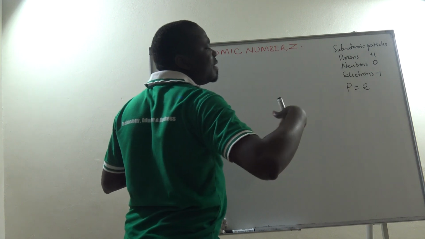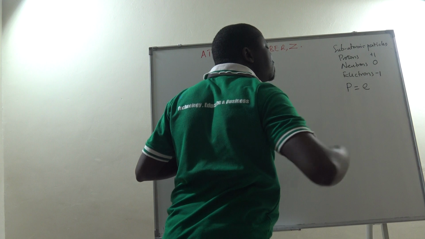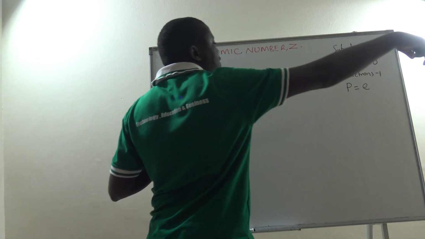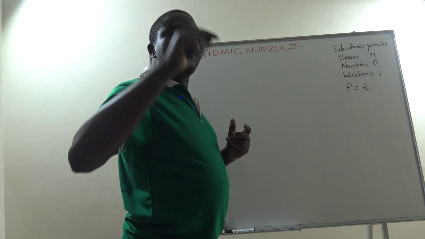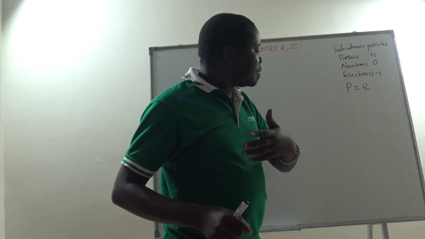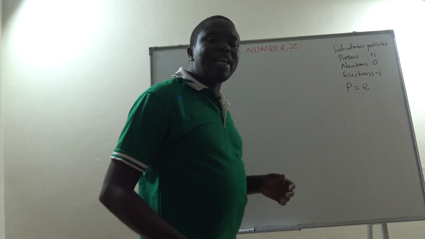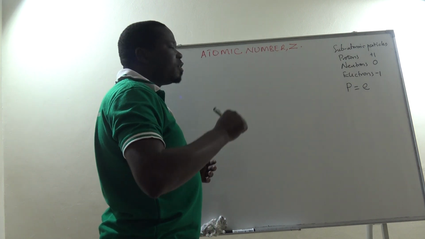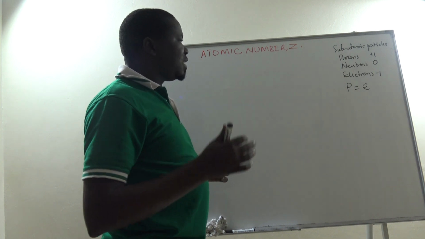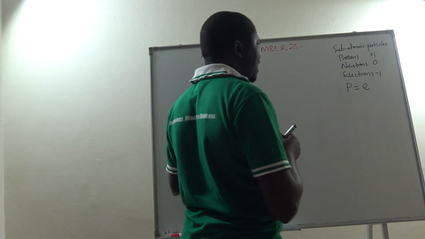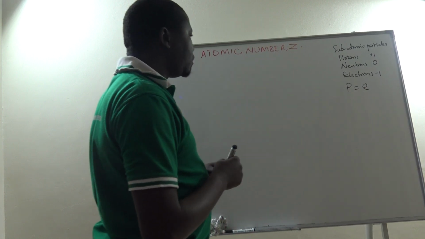The shell which is farthest, the one which is very far away from the nucleus. In fact, it is what we call the extranuclear shell or the outermost shell. So from that shell, some electrons can be lost in a chemical reaction or as a result of a chemical reaction, and sometimes electrons are gained depending on whether the element is a metal or a non-metal, as we shall see later. So basically, in a neutral atom, protons and electrons are equal in number.